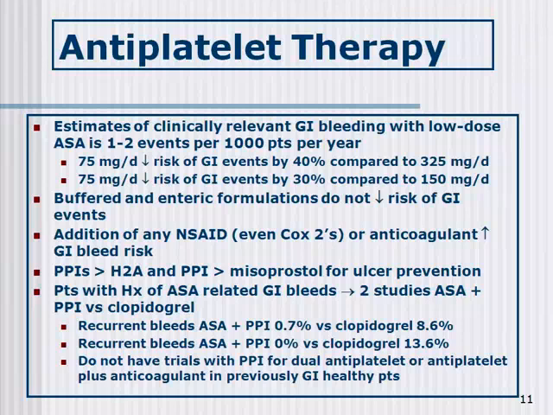There are a couple of trials that have looked at patients that have had GI bleeds on aspirin, and the therapeutic question is, should I switch them to Plavix, or should I add a proton pump inhibitor to the aspirin? And the answer to that question is, at least based on these trials, clearly add the proton pump inhibitor.